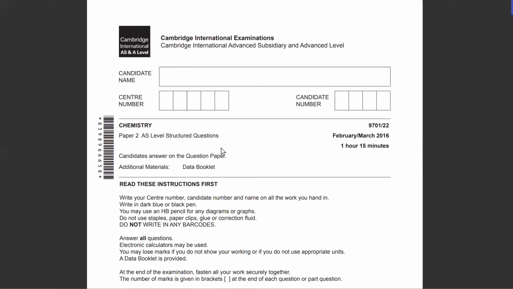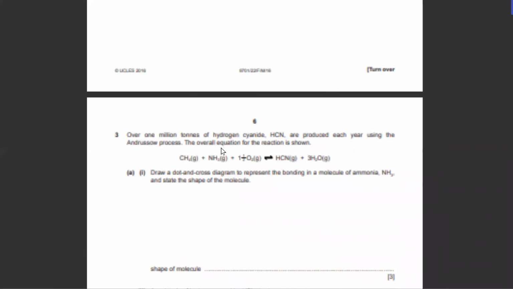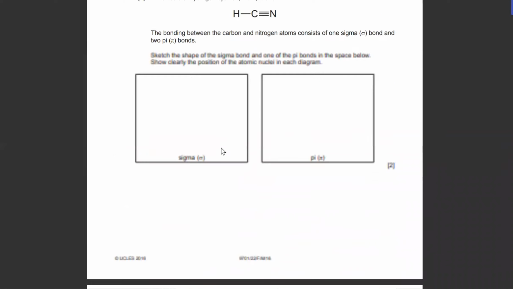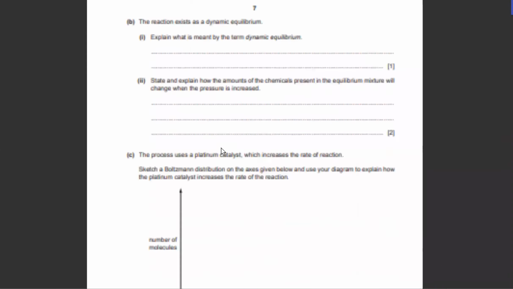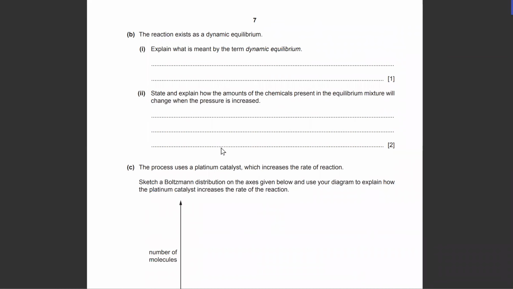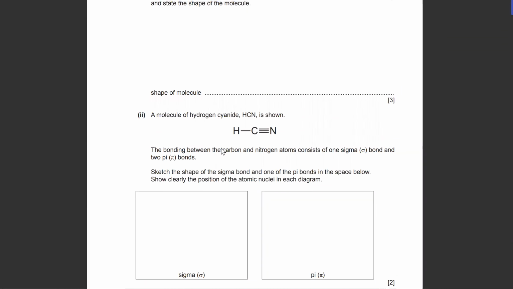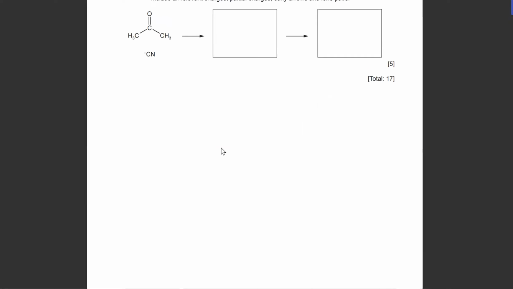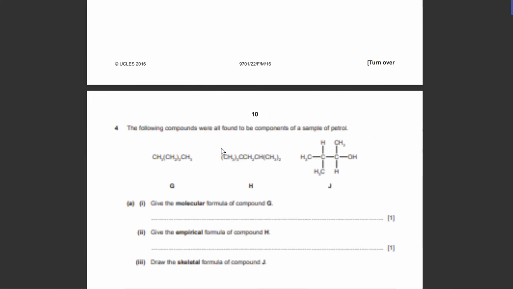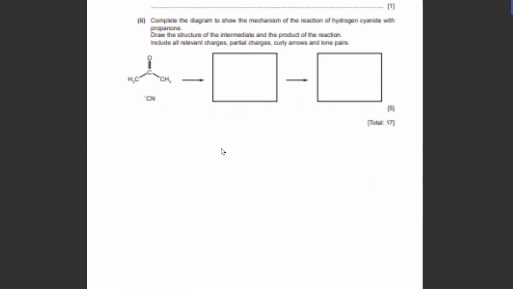So now this one is organic compound. I think this one. Not organic. Okay, this part is organic. The next question is organic. So let's try and do this one.